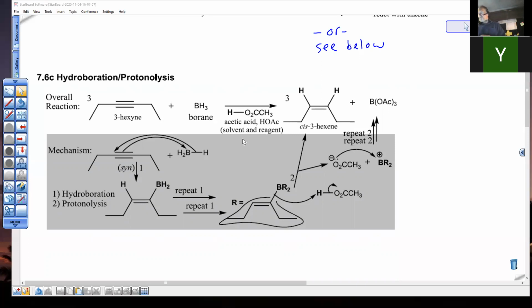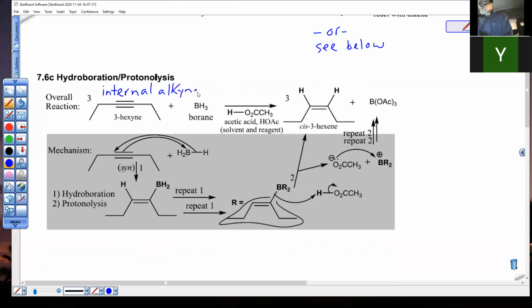So what happens down here is the pi attacks the less electronegative boron, and at the same time we deliver an H to one of the carbons. And because this is an internal alkyne, which I haven't even mentioned, it doesn't matter which carbon you come back to.